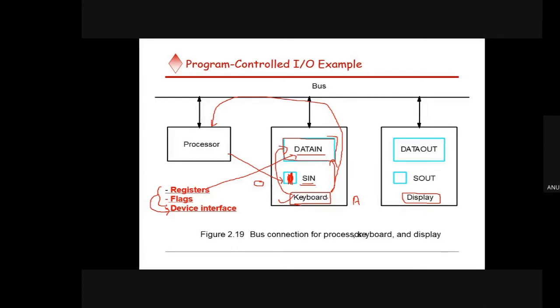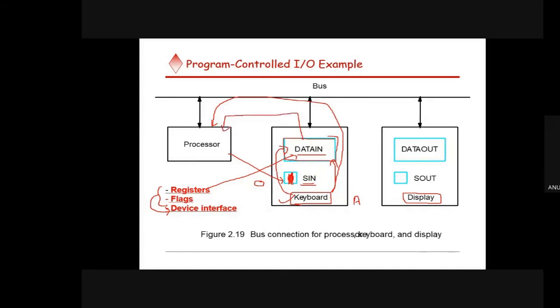So when data is read from the keyboard into the data in register and the SIN flag is set to 1, that means your data in register is completely filled. At that time the complete data moves from the data in register to your processor, where you can store the data. Inside the processor we have a storage area.